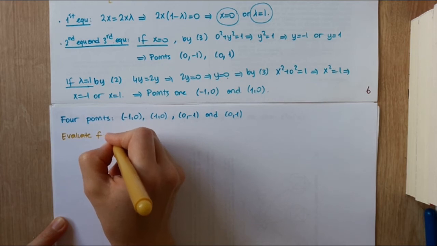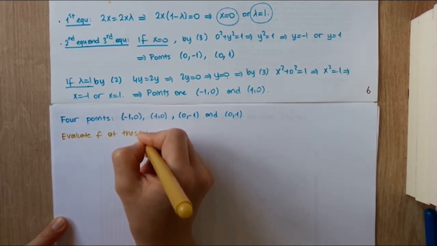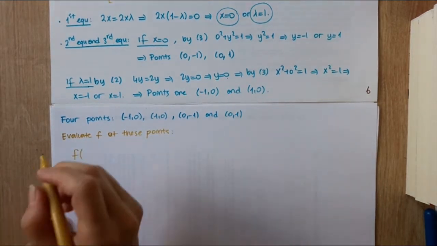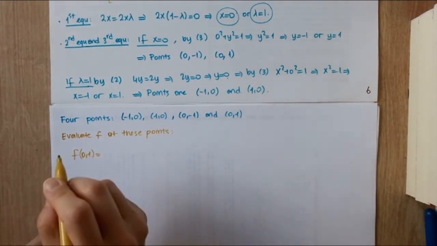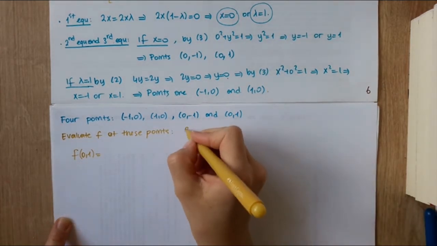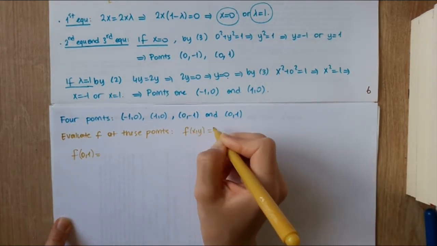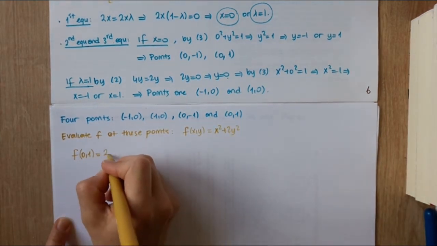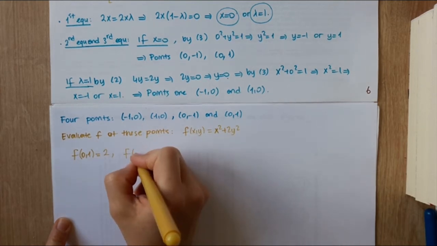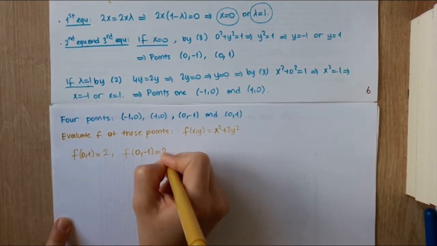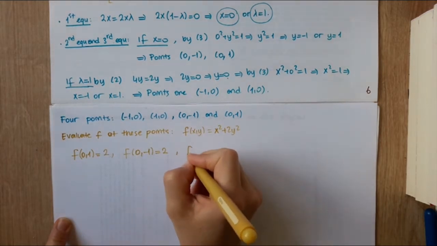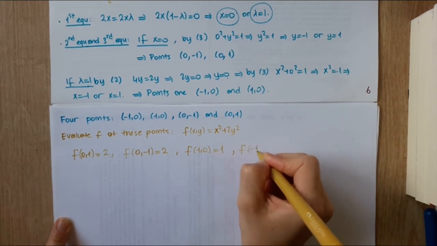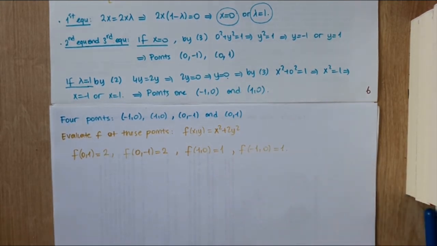So f of 0, 1, what is f? f of xy is given in the problem as x squared plus 2y squared. So f of 0, 1 will be 2. F of 0, minus 1 will be 2 again. And f of 1, 0 will be 1. And f of minus 1, 0 will be again 1.